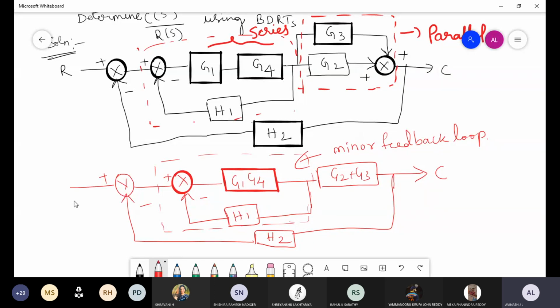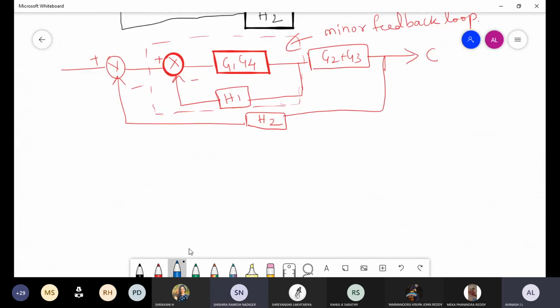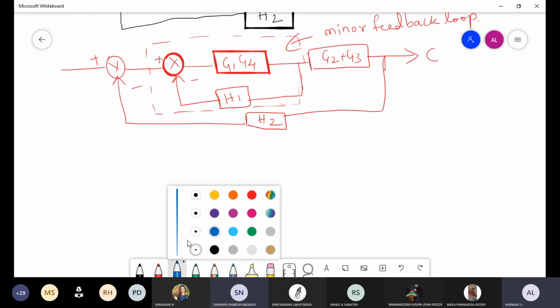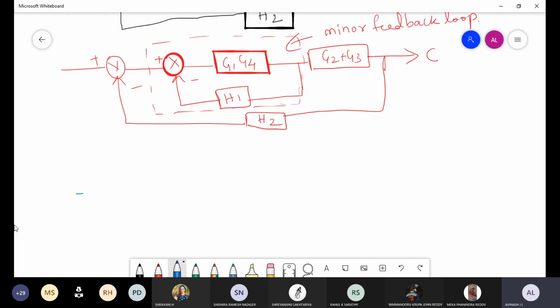So if you reduce the minor feedback loop, the value will become what? G1 G4 by 1 plus G1 G4. What value will you get? Just wait, G1 G4 by 1 plus G1 G4 H1.